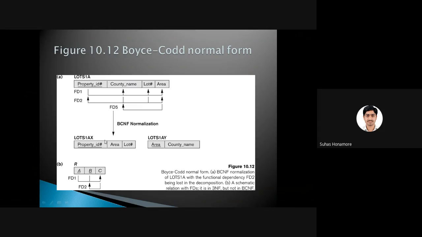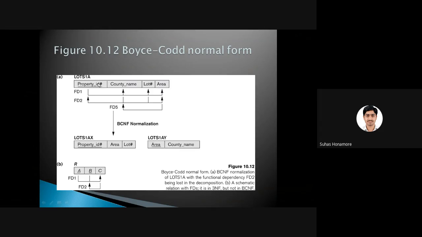What we will do is keep the remaining three the same: property ID, area, and lot in one table. Then country name and area we keep in one more table.